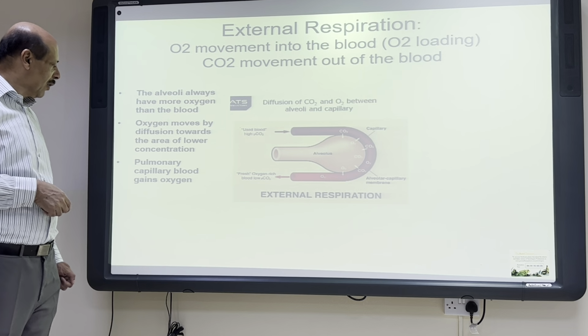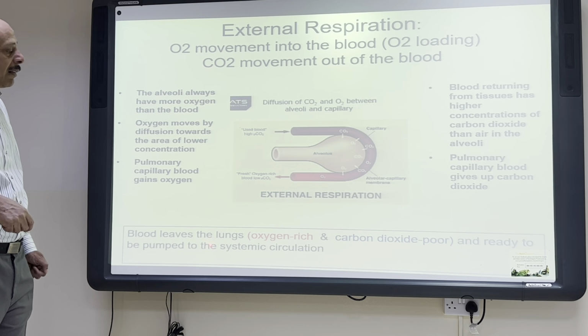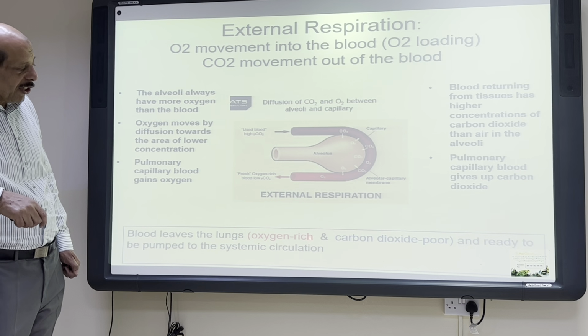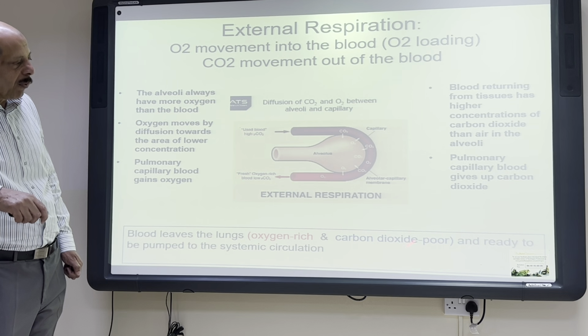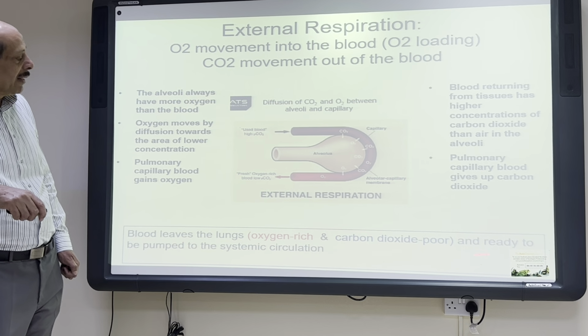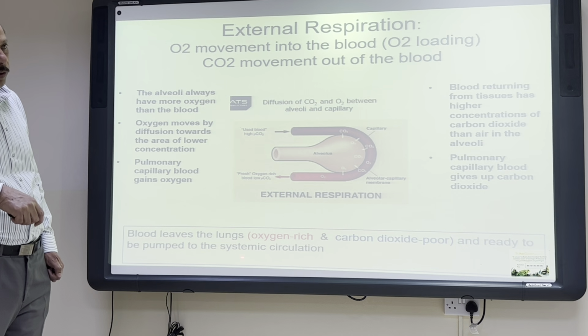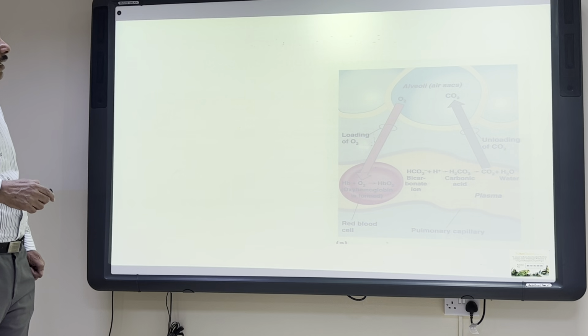It will take the oxygen. So the blood will then leave the lung rich with oxygen, and poor with carbon dioxide, and ready to be pumped to the systemic circulation. This is the external respiration.